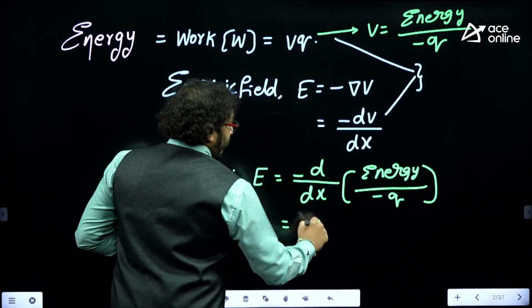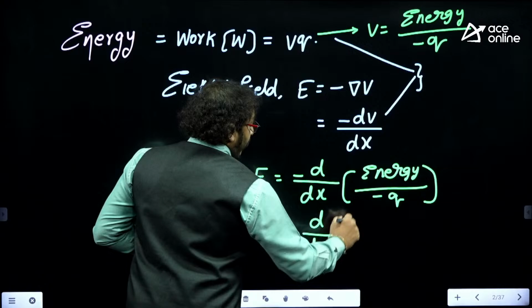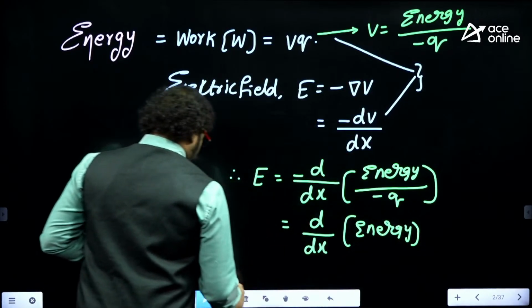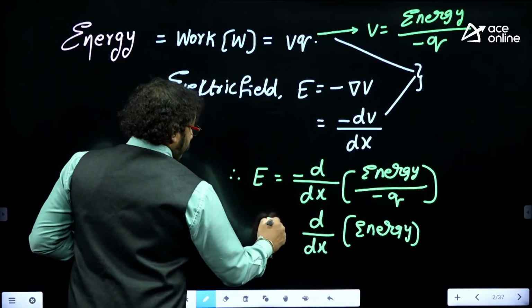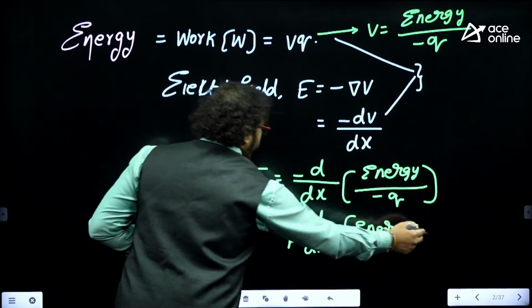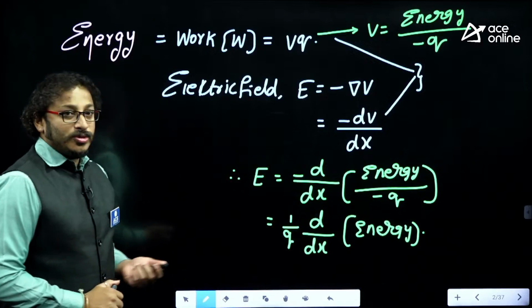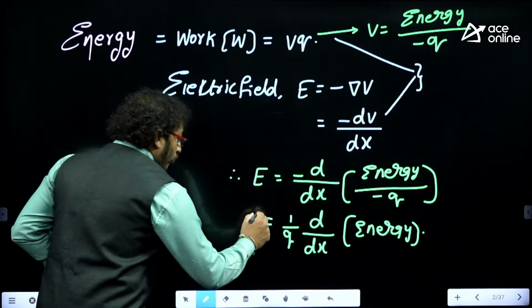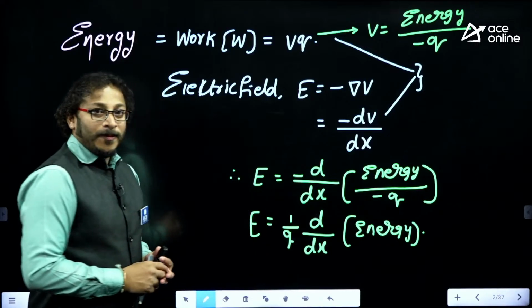So what I'm going to get here is d by dx of energy into 1 by Q. True or not, dear students? But because I'm taking electrons, so negative charge, negative of negative gives a positive. What did we understand from this discussion?